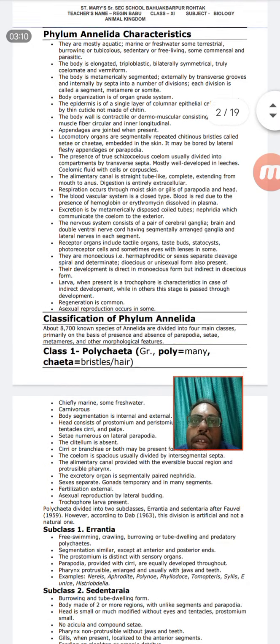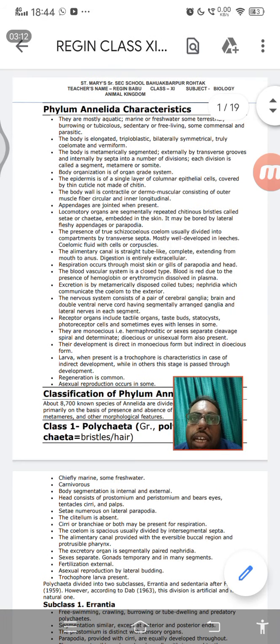If you are moving to the characteristics of Annelida, most of these organisms are aquatic. So we have marine and freshwater forms, and some are terrestrial also, and some have the capacity to make burrows. They have triploblastic bilateral symmetry, and a true coelom is present. Then they have segments on the body, that is lines on the body.